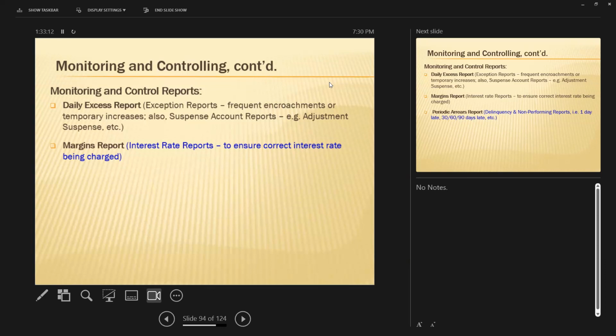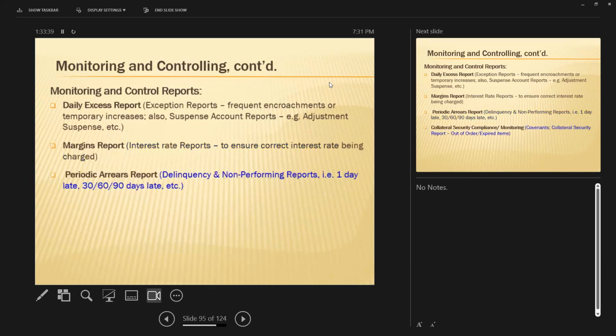So the whole point is you want to look at that margins report and make sure that your credit facilities, whether they're current accounts, whether they're consumer loans or mortgage loans or commercial loans, as the case may be, are attracting the proper interest rates, because that affects your margin, your profit.